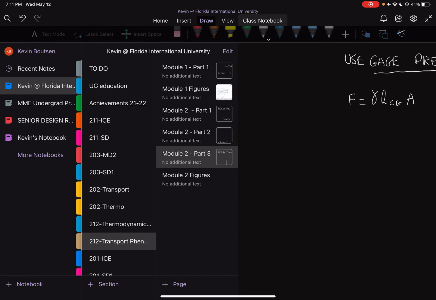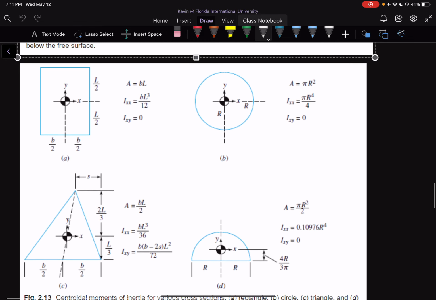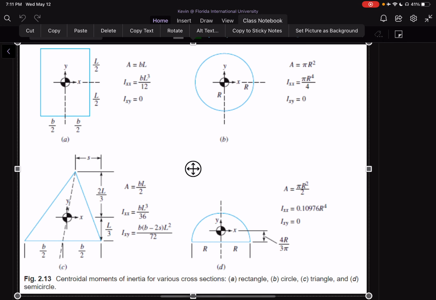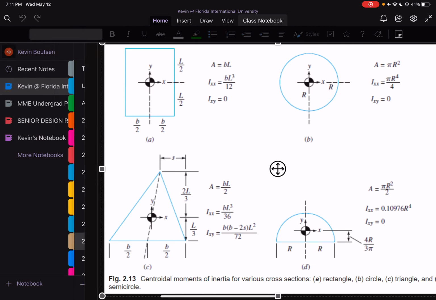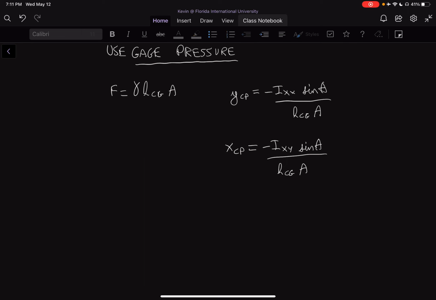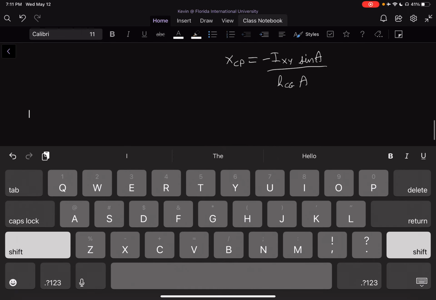So in our figures, we have some simple shapes that are described for us so that we can use them for solving some simple problems. So let me just copy down this one here.